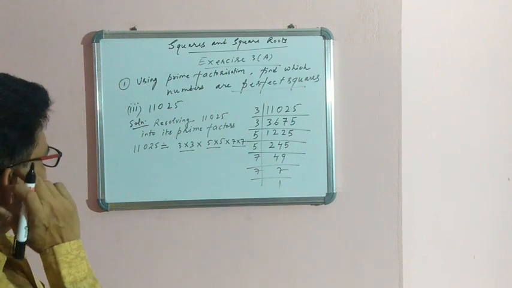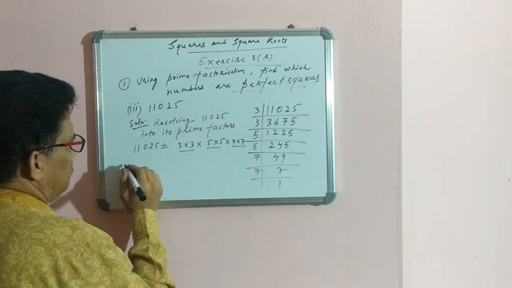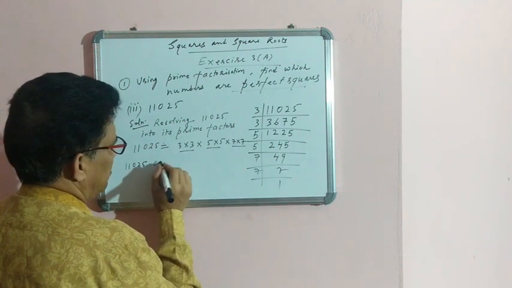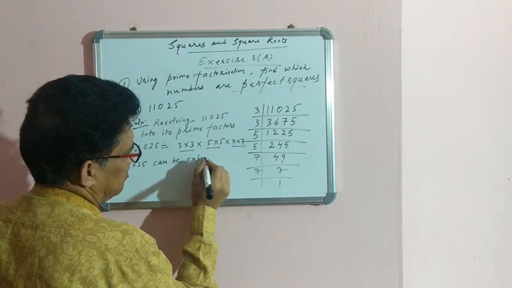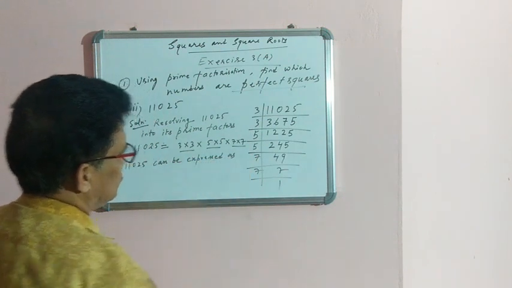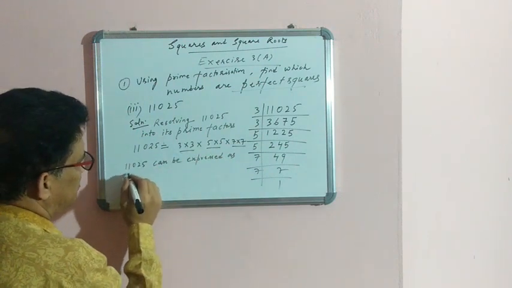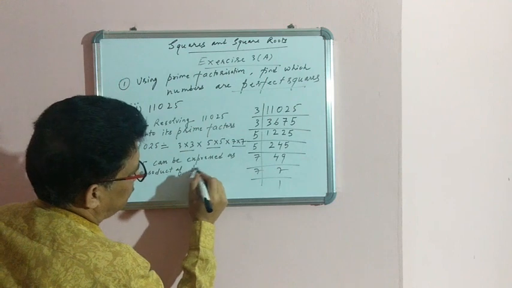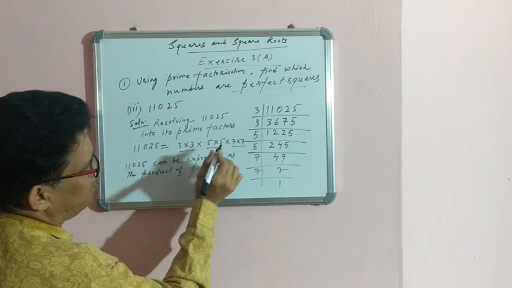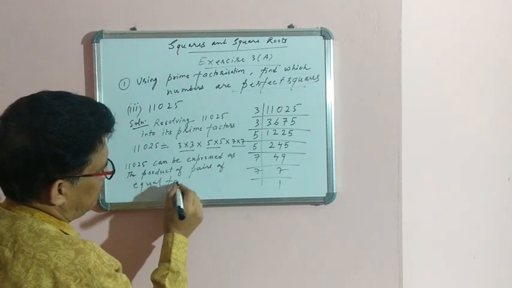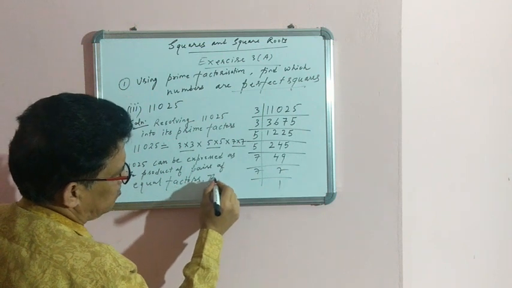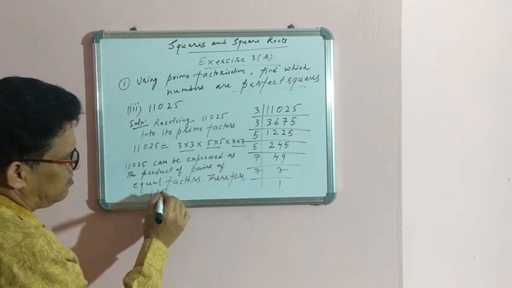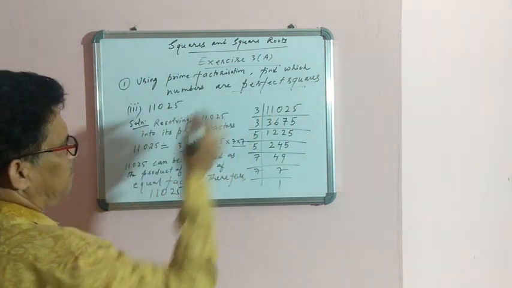Now what will we write here? 11025, or the given number, can be expressed as the product of pairs of equal factors. Therefore, 11025 is a perfect square.